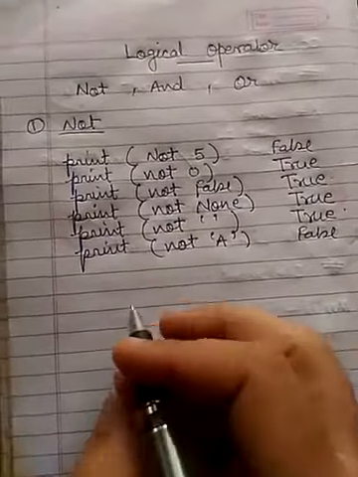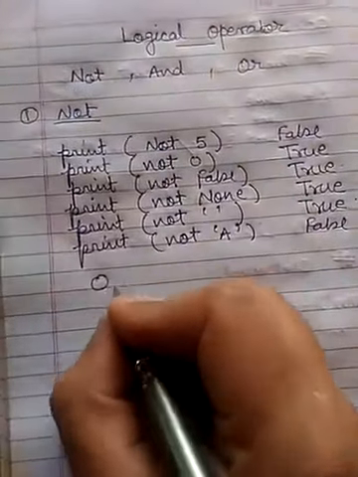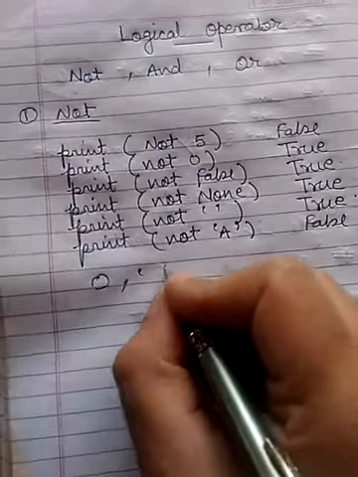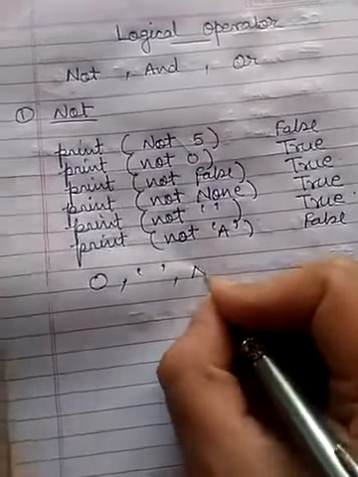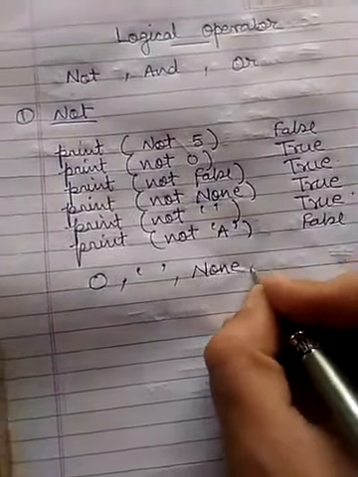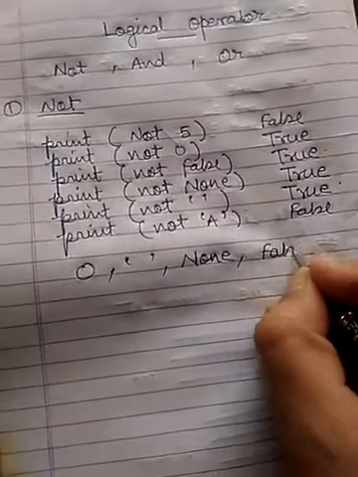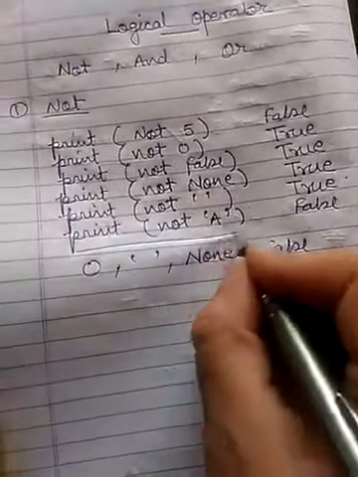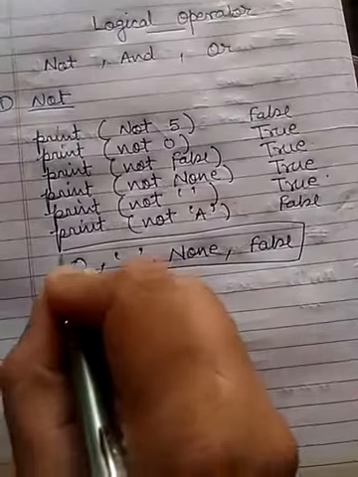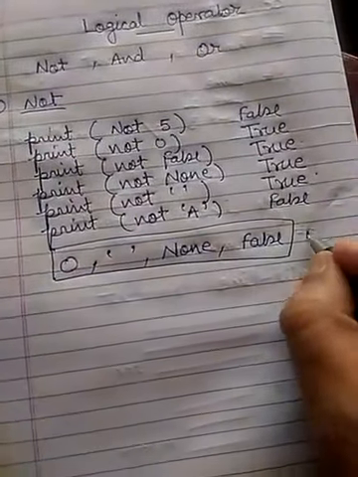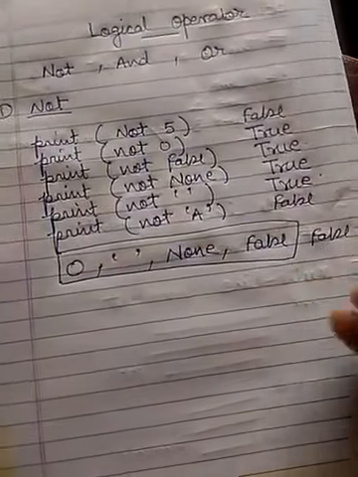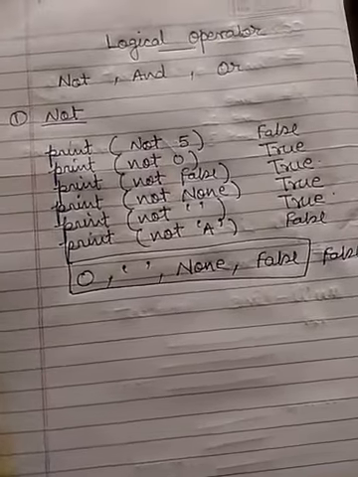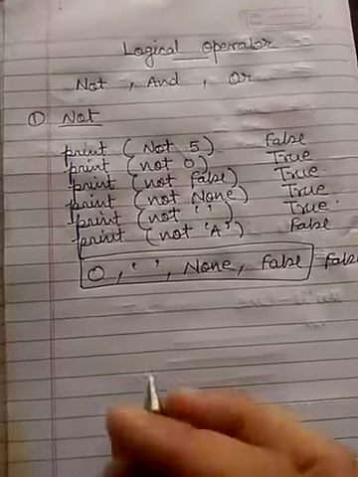So hence we get the conclusion: 0, blank, none and false, these values are considered to be false. Other than this, all the values are considered as true.